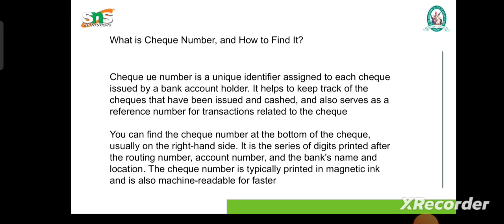The check number is at the bottom of the check, usually on the right-hand side. It is the series of digits printed after the routing number, account number, and the bank name and location. The check number is typically printed in magnetic ink, and it is also machine readable for faster processing.